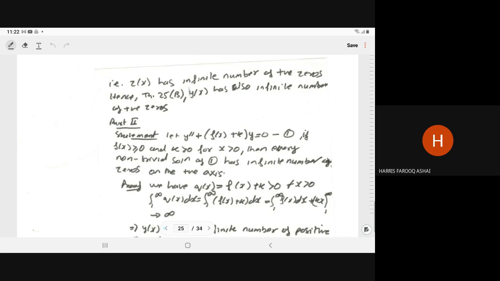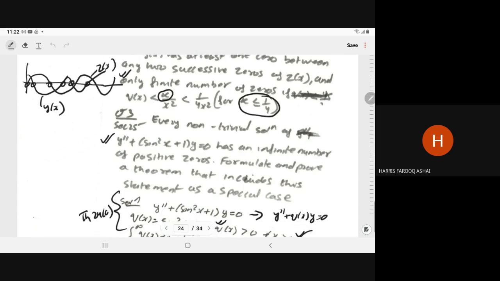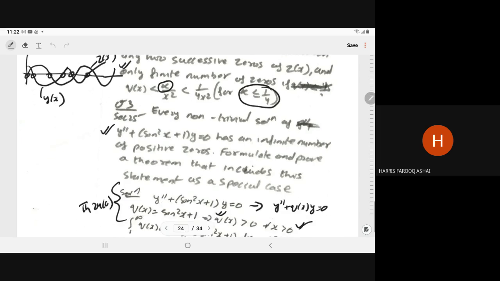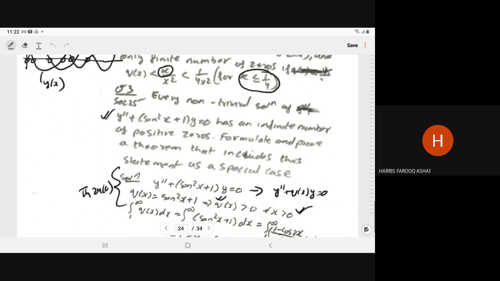Now, this we have proved by the Sturm comparison theorem or by 24c. In this, they have asked you to generalize this statement, formulate and prove a theorem that includes this statement as a special case. So what is the general theorem?